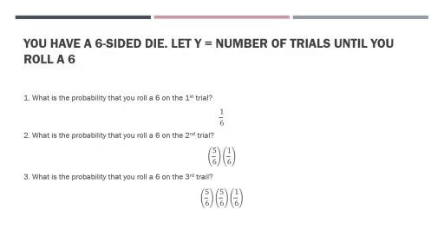So I have a 6-sided die, and we're going to say y is the number of trials until I roll a 6. The probability of rolling a 6 on the first trial is 1 in 6. Fairly simple, right? The probability of rolling it on the second trial, not the first, would be the probability of failure the first time and then success the second time, which would be 5/6 times 1/6, which is 5/36.